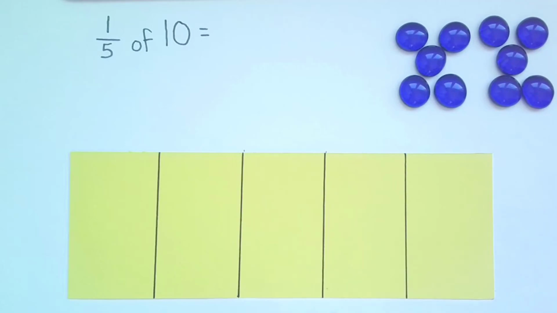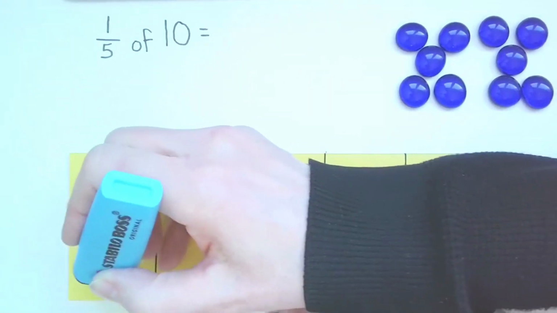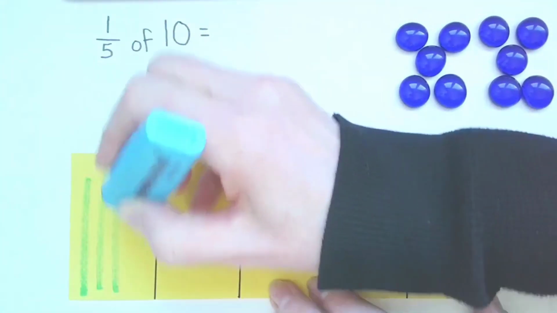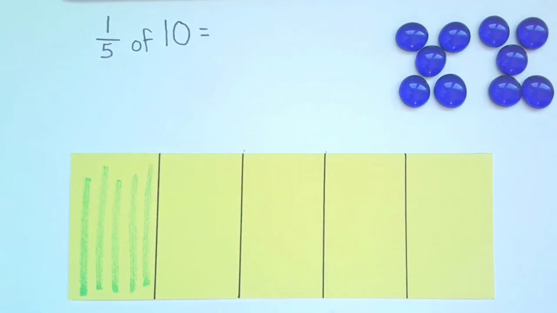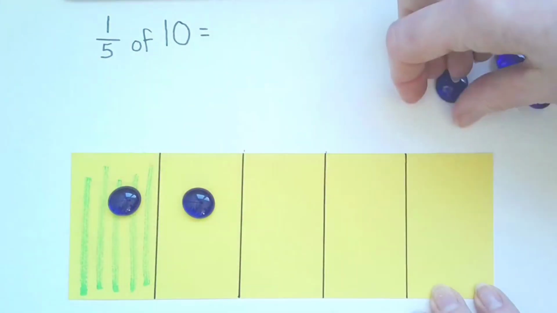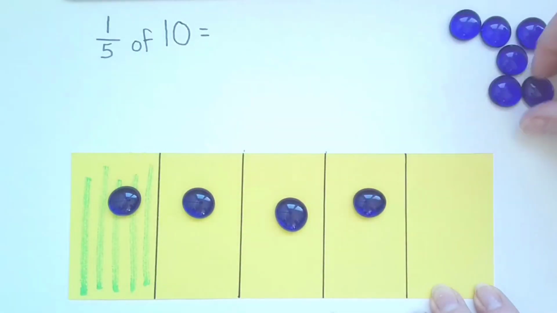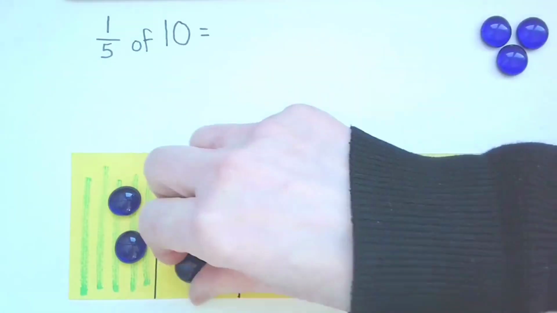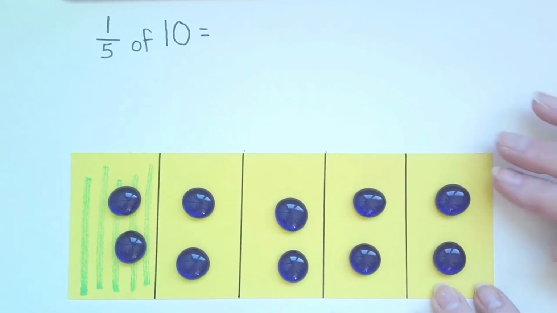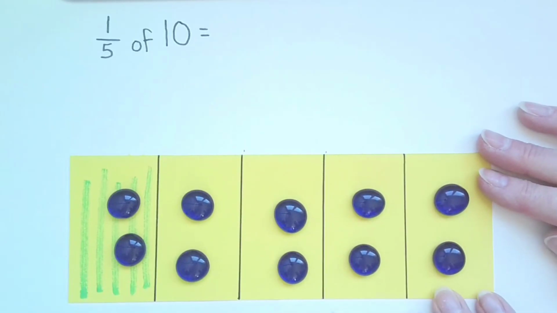So now I can see if I want 1/5, I'm just going to mark this part. That would be 1/5. So what I'm going to do with my counters is just share them out equally on this strip. Okay, so there are my counters equally shared out.